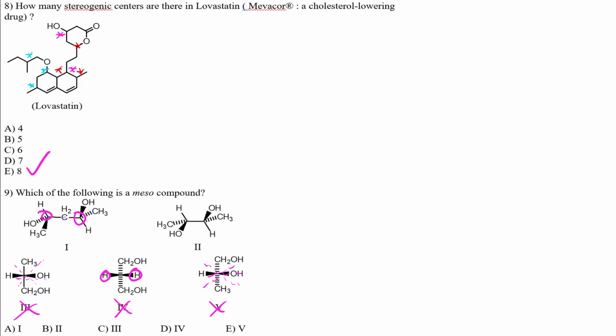So what I want to do is get my alcohols on the same side. So my alcohol or methyl group, whichever you prefer, is going downwards. This is going upwards. Well, no matter what, I want them to go downwards. So I'm going to rewrite it as them going downwards.